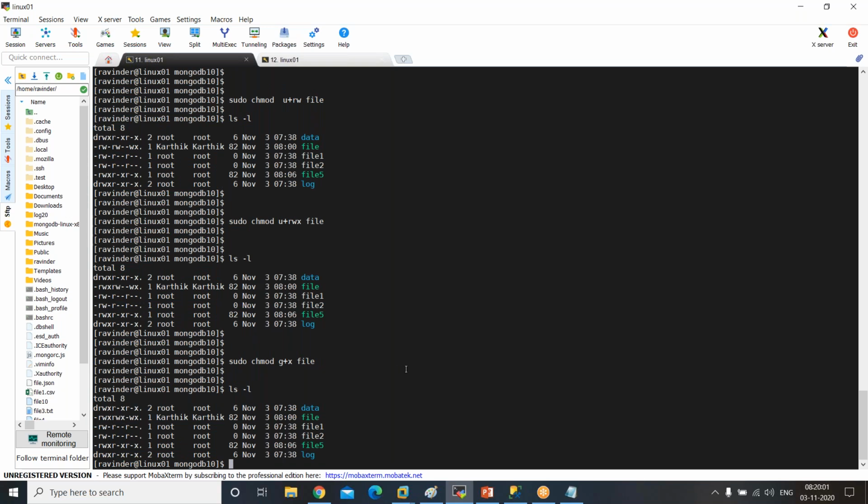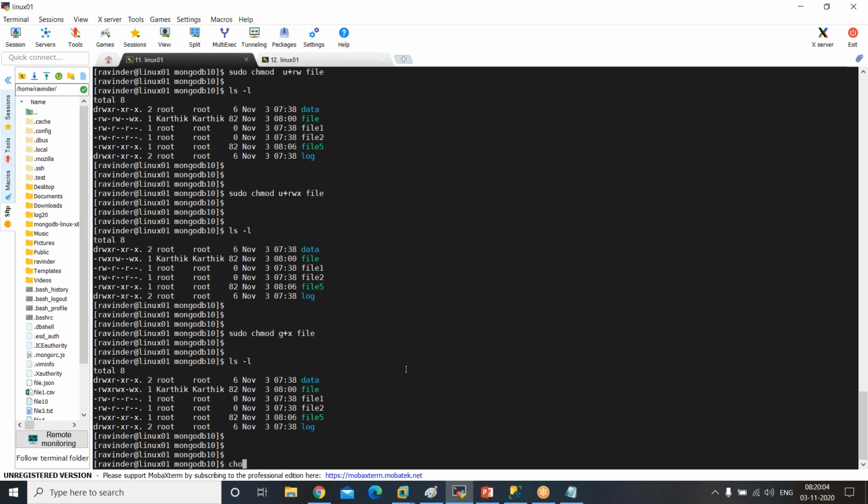So now I want to take out the permission. Sudo chmod. U means user, g means group, o means others. From everyone, I wanted to take out write permission. Write means w. I want to take out execute permission also. Example: owner has execute permission, group also has execute permission, even others also have execute permission.